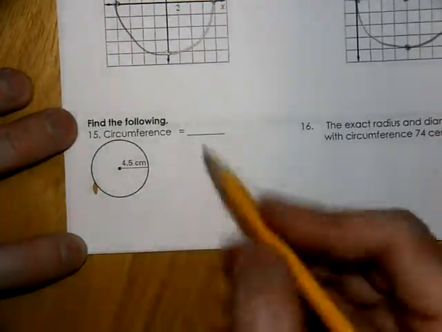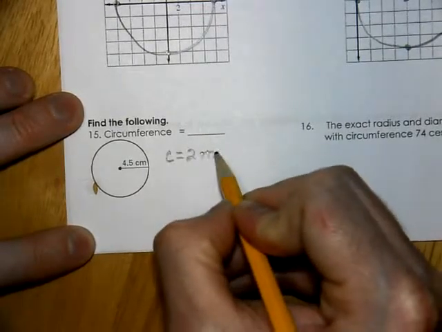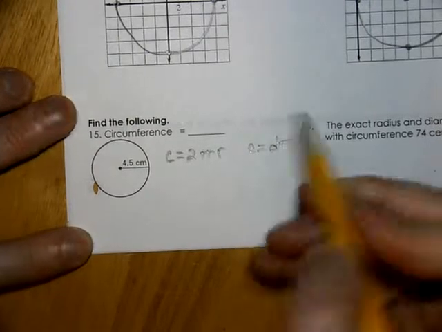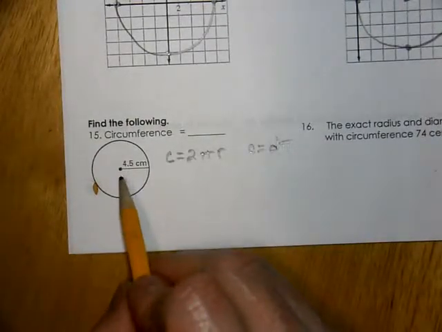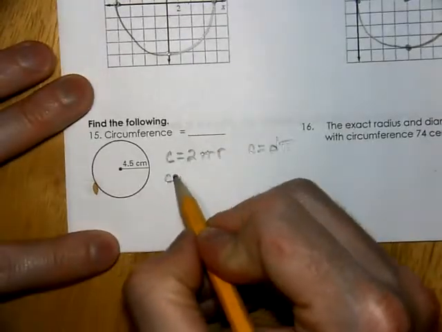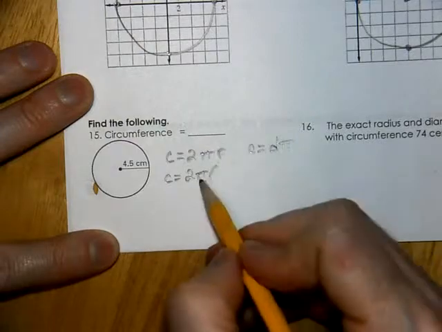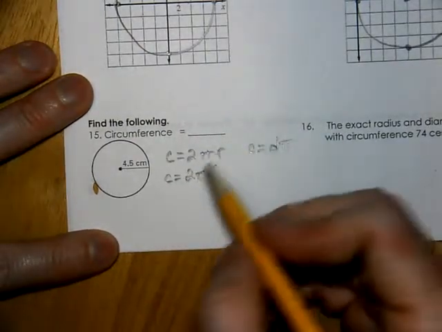To find the circumference, we have two equations we can use for circumference. In this case, they give us the radius, which is half of the circle. So the circumference equals 2 times, or usually you say it as 2 pi r.